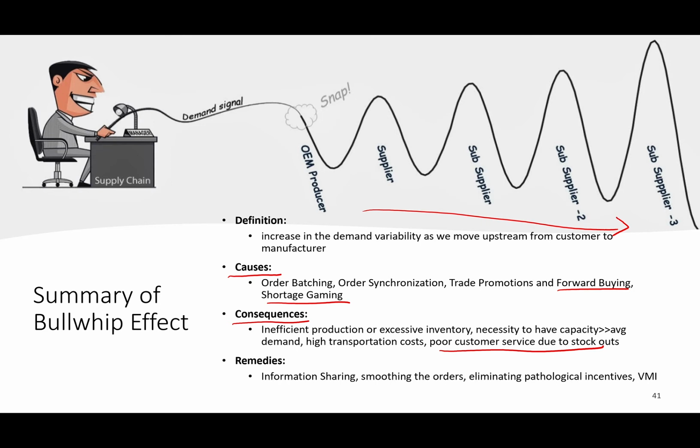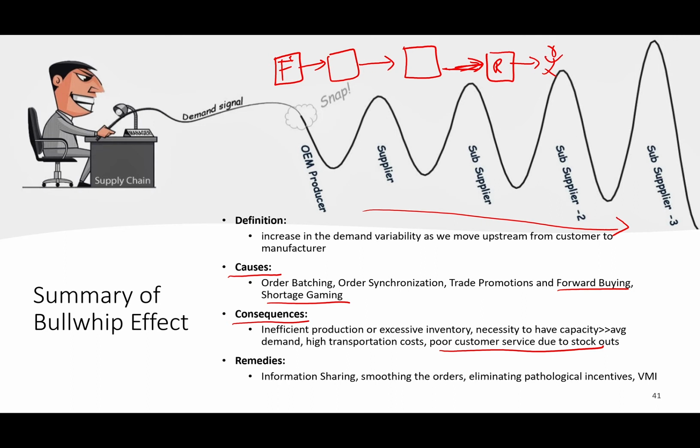As we went from the retailer to the wholesaler to the factory, that demand variability was increasing, right? And there were stockouts. There was not enough material that the retailer had at their shelf to satisfy the customer demand.